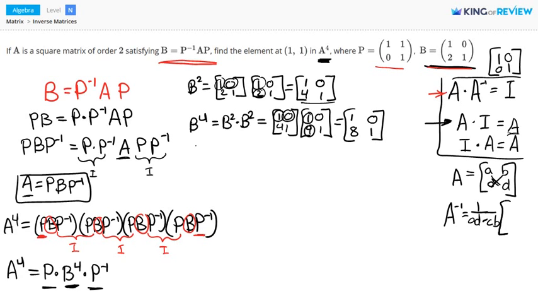And this is times a matrix where A and D switch positions, and then we'll take negative B and negative C.